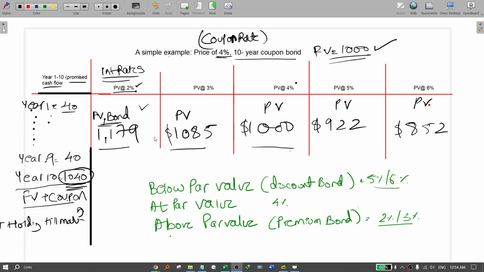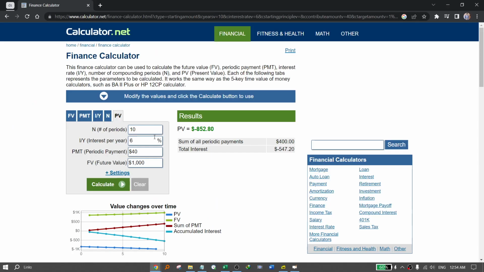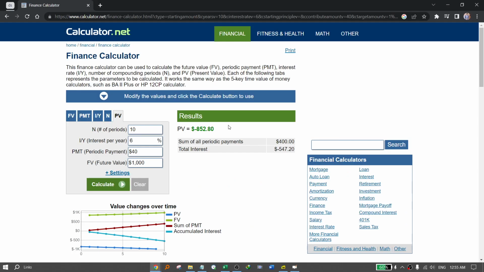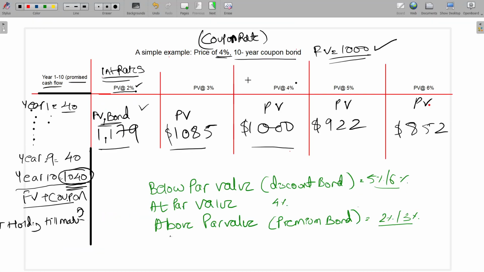You can use a financial calculator for the PV. Let's see this.